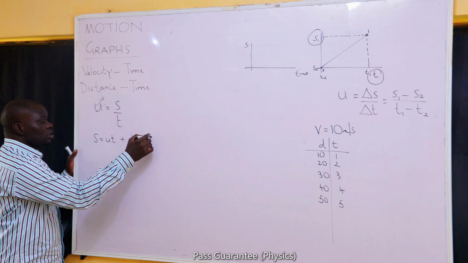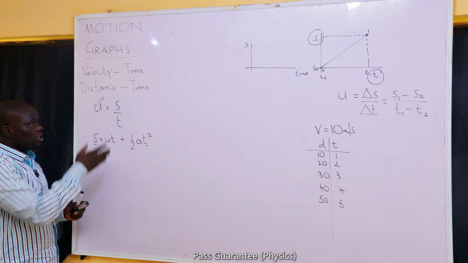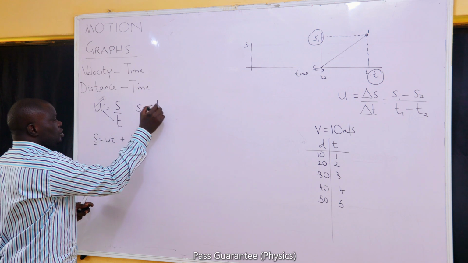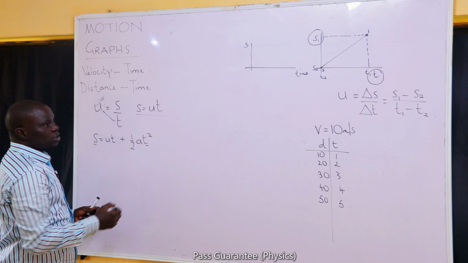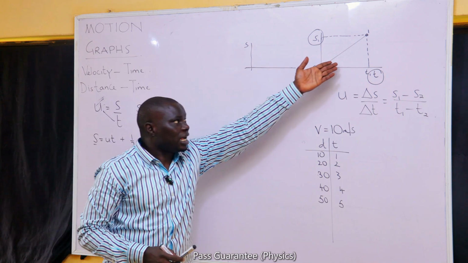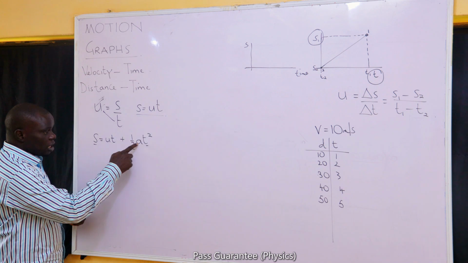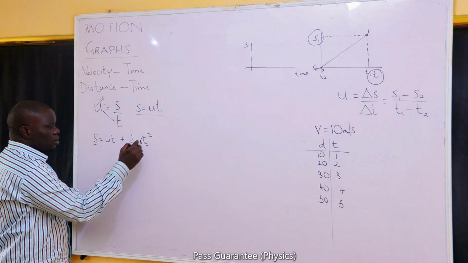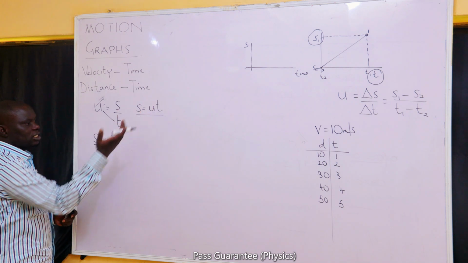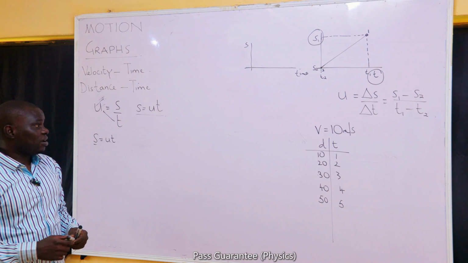Elsewhere, it was just s is equal to ut. This is a linear equation. This is an equation that if you draw it, you must get a straight line. This is an equation for a body that does not have an acceleration. If the acceleration becomes 0, this equation reduces to what we have here. This is for objects that have the same velocity.